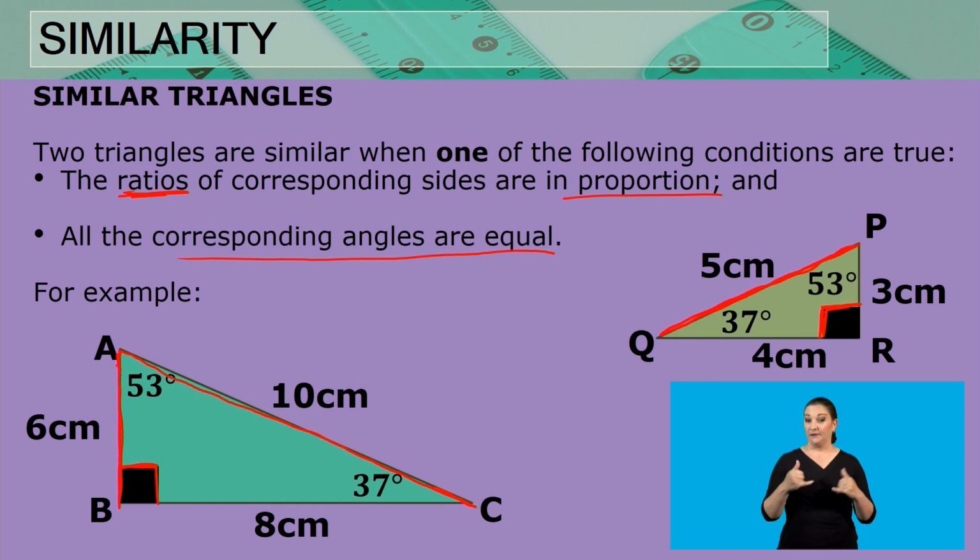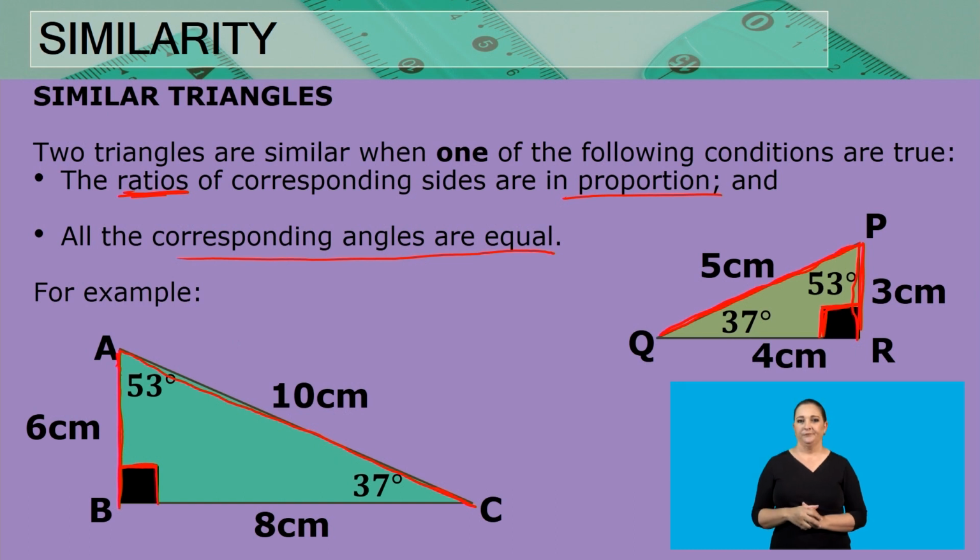What about triangle PRQ? Triangle PRQ has measurements of 5 centimeters, which is our hypotenuse, and we've already identified that as the longest side. Then we have 4 centimeters, and then 3 centimeters. So out of those 3 measurements, the smallest would be 3 centimeters, which is side PR.